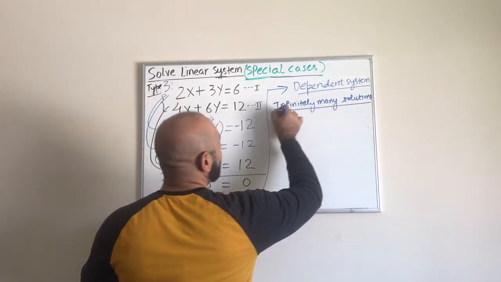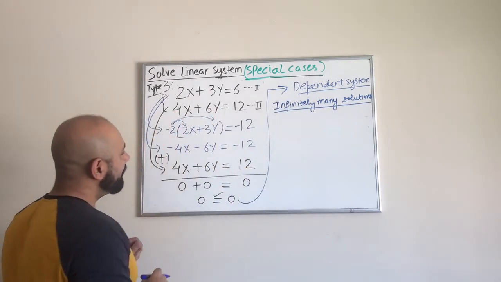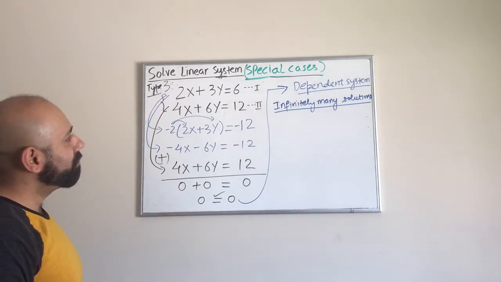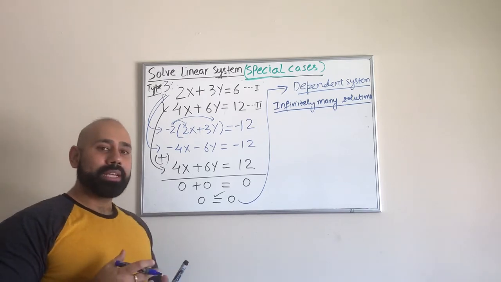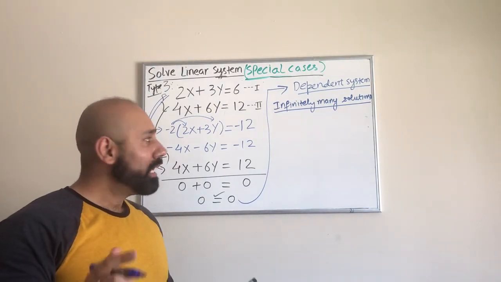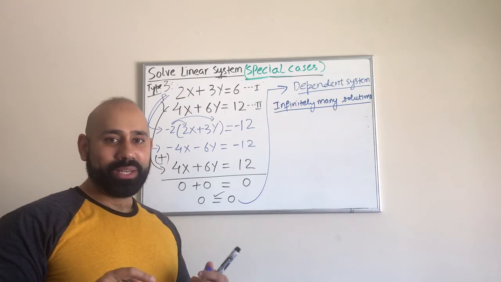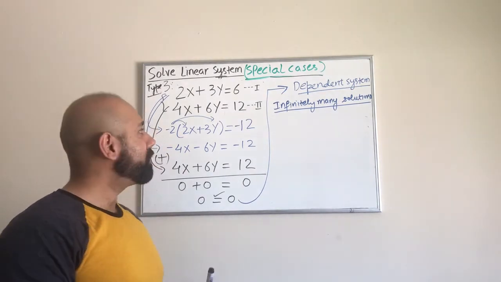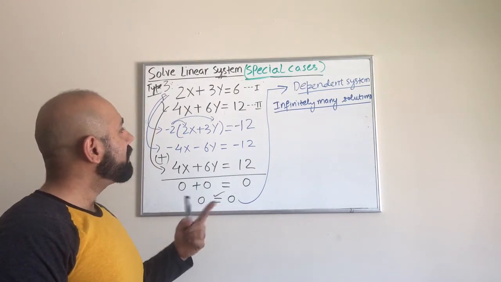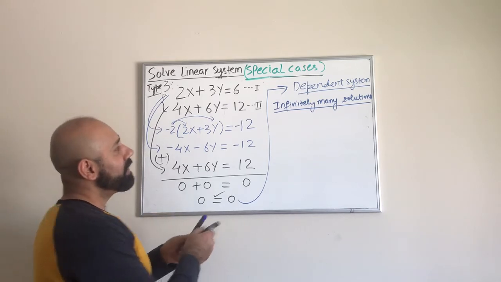So whenever you get this situation where your left hand side equals the right hand side, and in this case zeros on both sides, what we are looking at is infinitely many solutions. And it will make more sense when we actually look at this from a graphical perspective as well. And this is a dependent system, and it is still thought of as a consistent system.